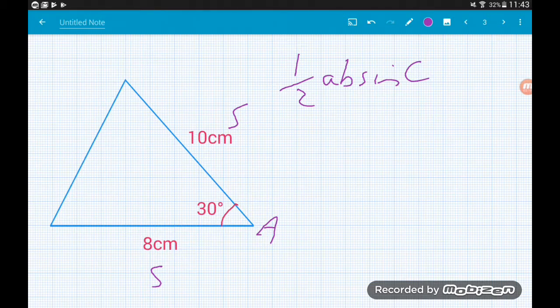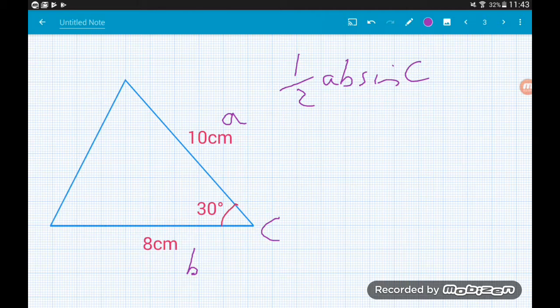So if you like, we could put our trig labels on here. Let's give it a SAS. We could call the 10 centimeter side A, and the 8 centimeter side we could call B, then we could call the angle C. As with the sine and cosine rules, if you don't like the labels that you're given, or if you're not given any labels, put your own labels on the triangle, and label it so that it fits in with the formula that you are most familiar with.